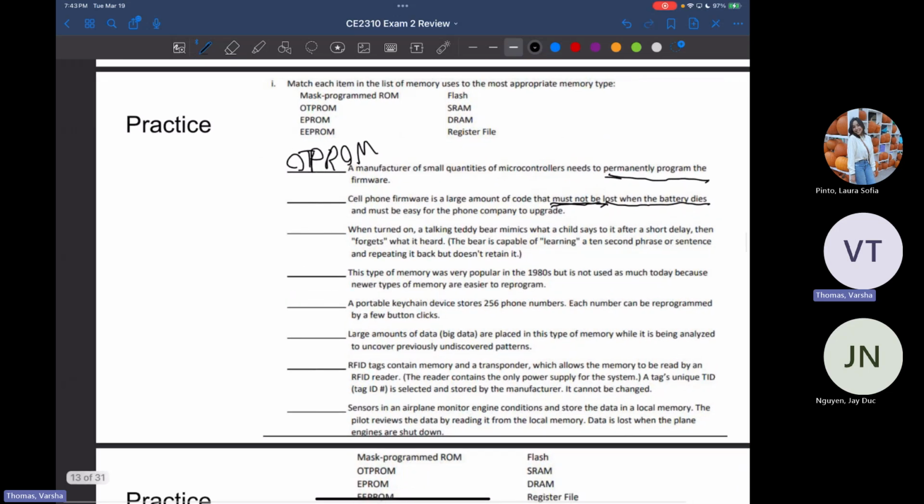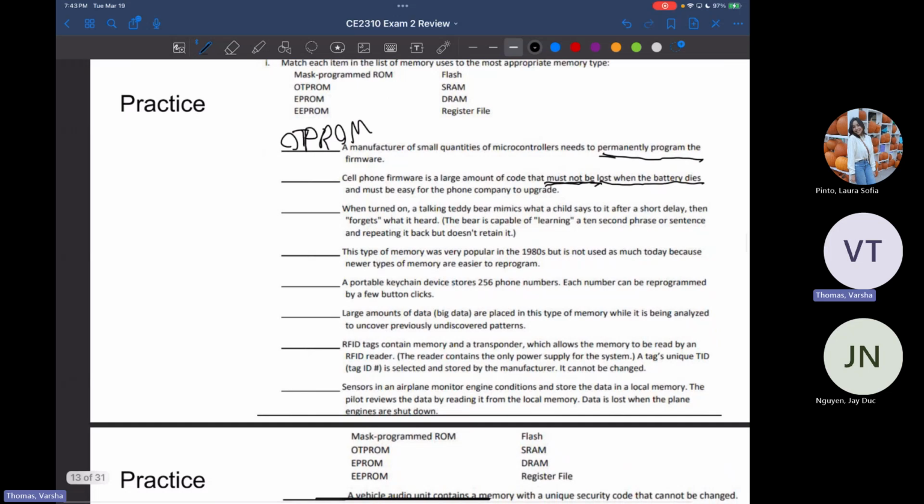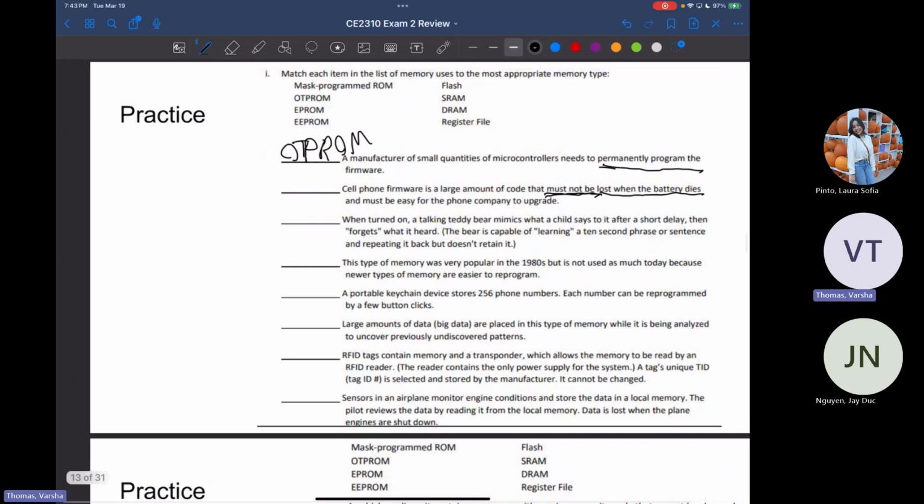So we know it will be a ROM memory, and it has a large amount of code. And this one, I think it's Flash because Flash can hold a lot of data, it is the one that can hold the most data, and it's easy for the phone company to upgrade. So I want to say this is Flash, but let's keep in mind that we could go back.